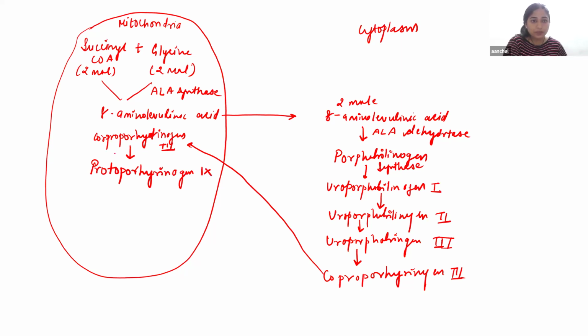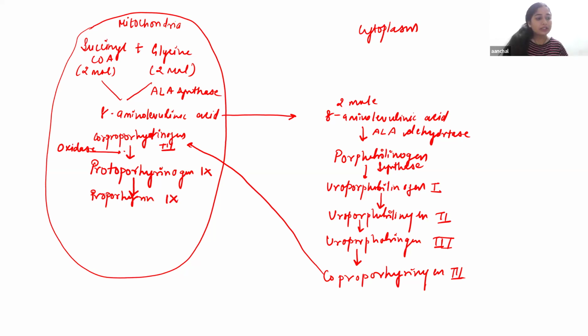Okay, so this step takes place by oxidation of coproporphyrinogen 3. Now finally this protoporphyrinogen gets converted into protoporphyrin 9, right?